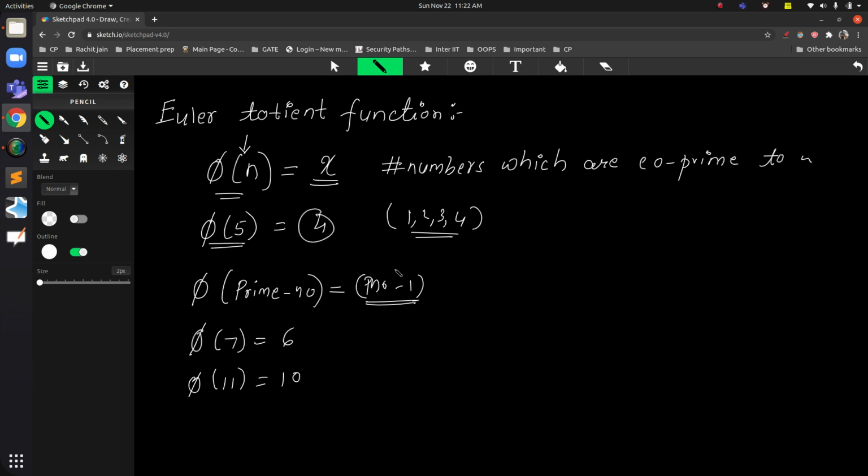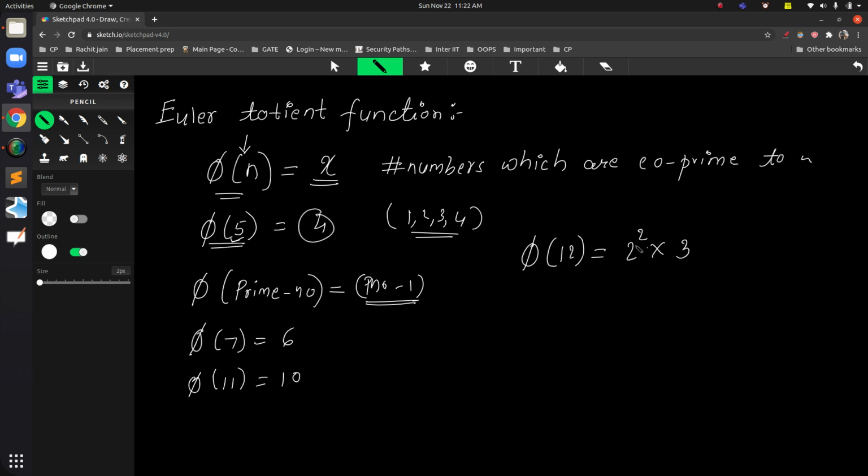Okay, now the question will pop up in our mind: what if the number given here is not a prime number? We already know the basics of mathematics from class 10th. Any number can be partitioned into its prime factors. So 12 can be written as 2 square into 3.